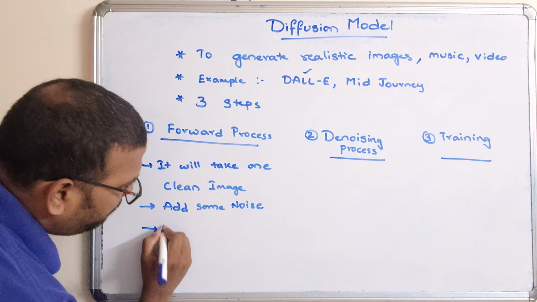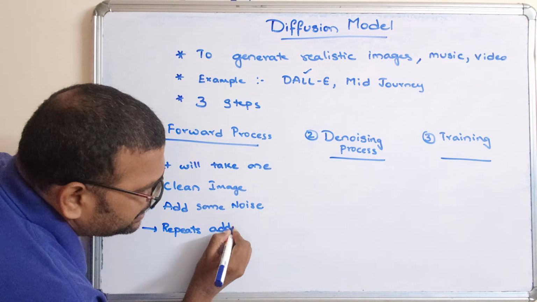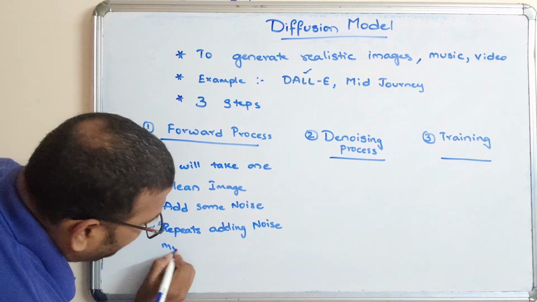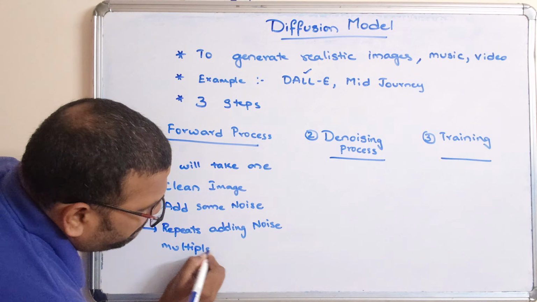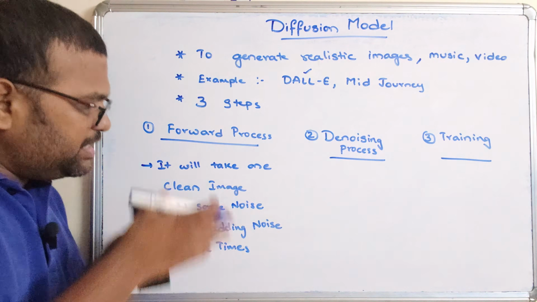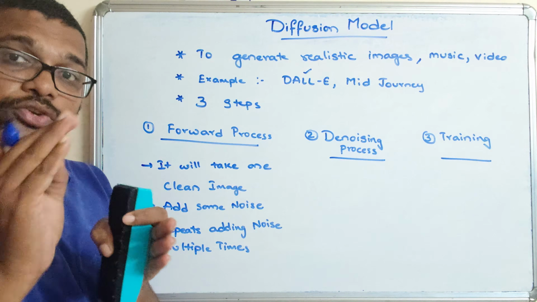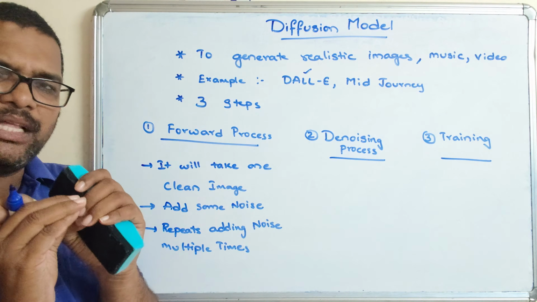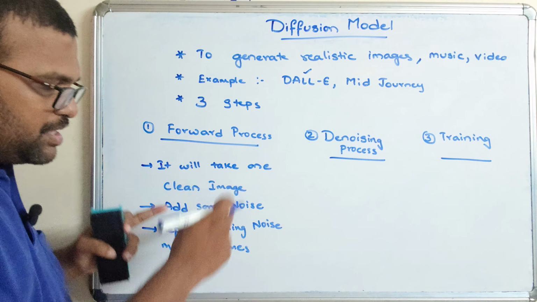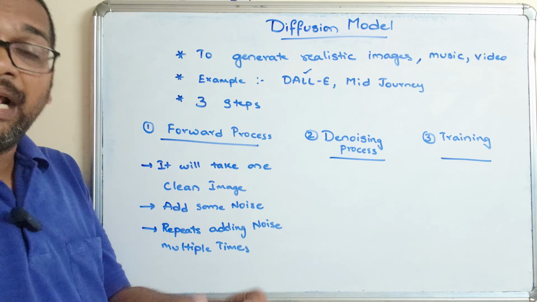It repeats adding noise multiple times. So in the first process, it takes one clean image and adds some noise, so there is some disturbance on that image, and the same process is repeated multiple times, maybe 1,000 or 1,500 times.